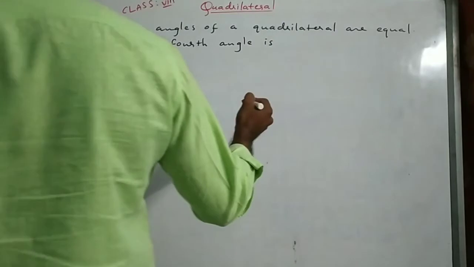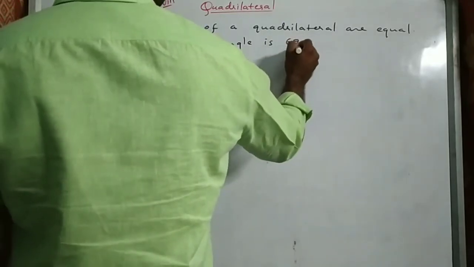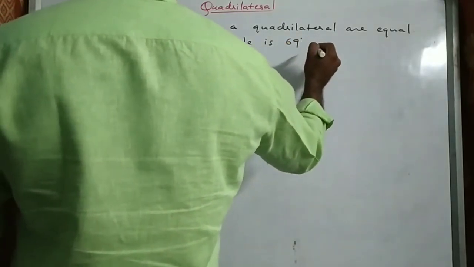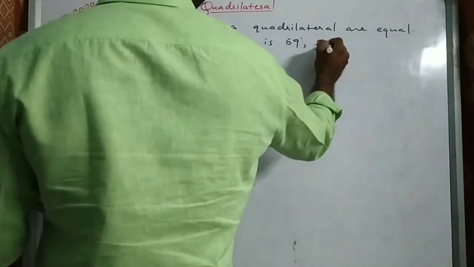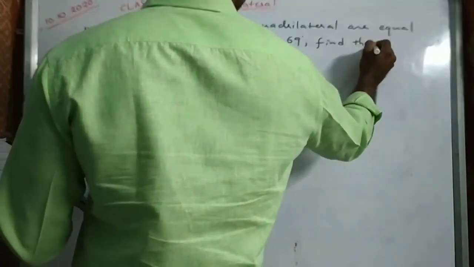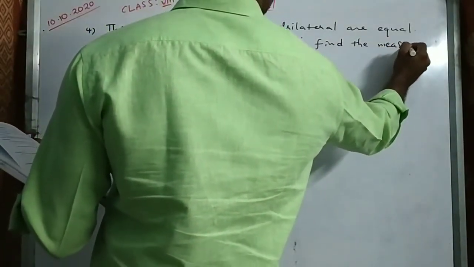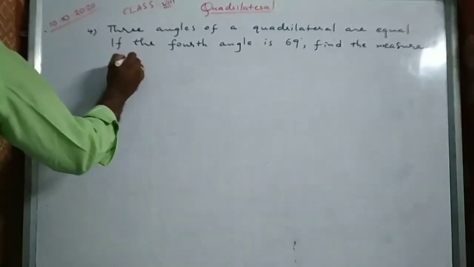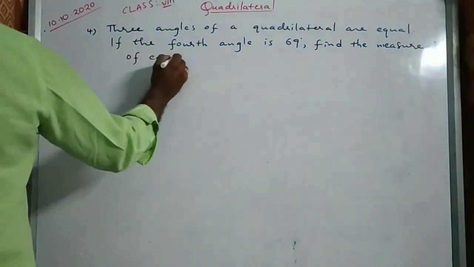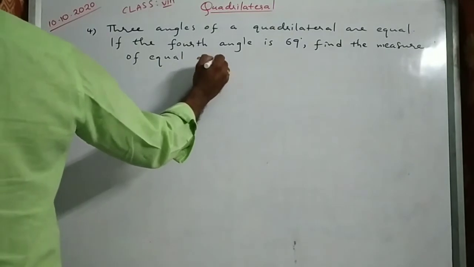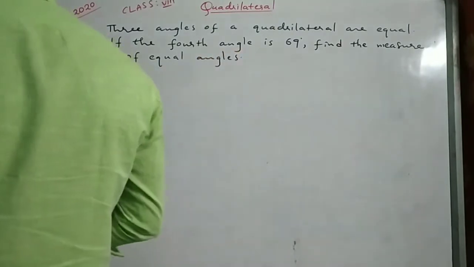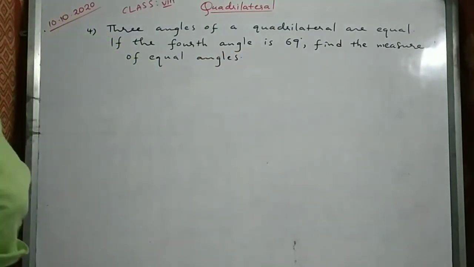If the fourth angle is 69 degrees, find the measure of equal angles. Okay?